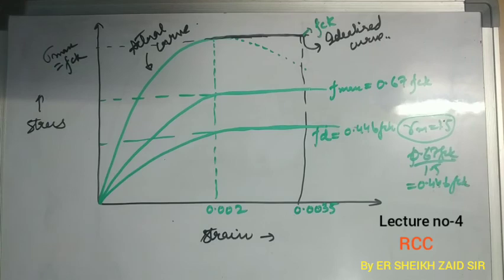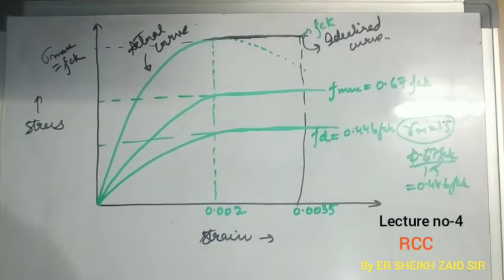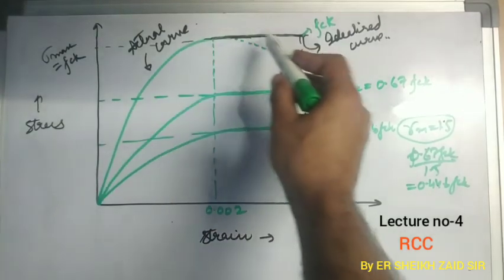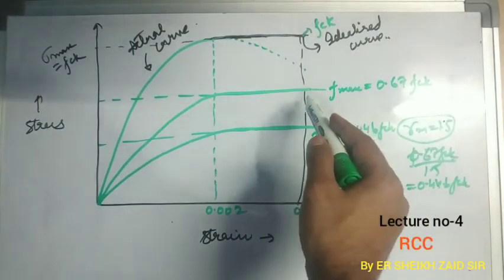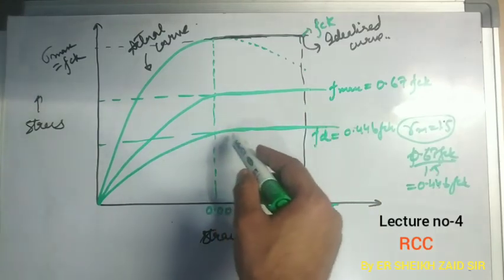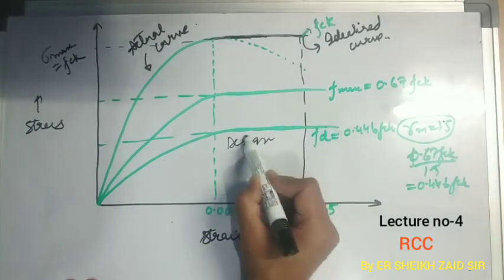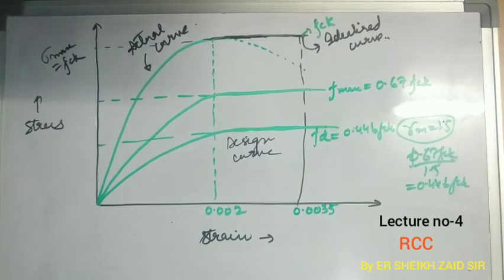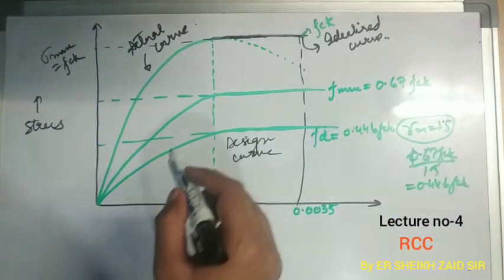So if we see from here, this curve is our actual curve, this is our idealized curve for concrete in the member, and this will be our design curve. And the stress corresponding to the design curve will be 0.446 FCK.